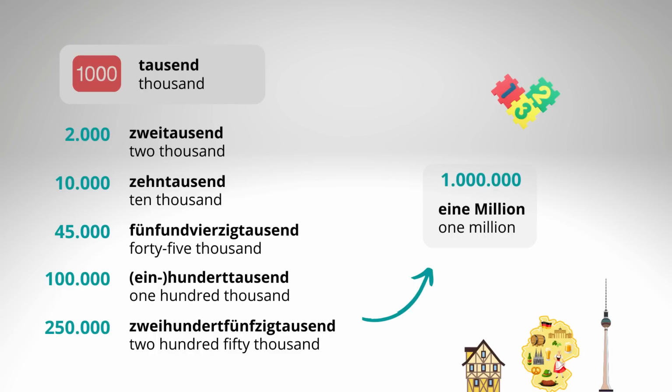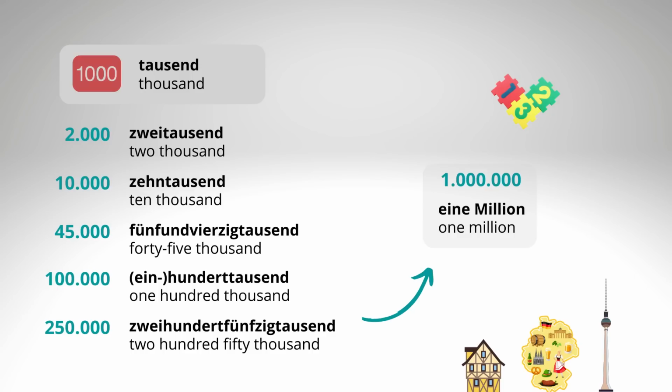So for example, in the case of 100,000, we have a dot between 100 and 000. And in the case of 250,000, we have a dot between 250 and 000. Alright, so let's translate those two numbers into German. In the case of 100,000, we first start with 100, which in German would be einhundert. And then again we add tausend, which means 1000.